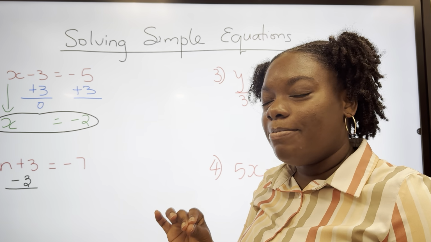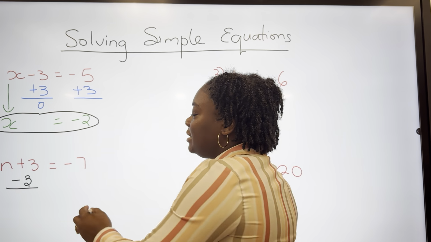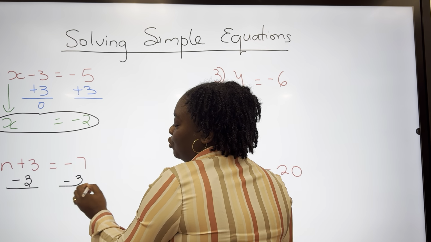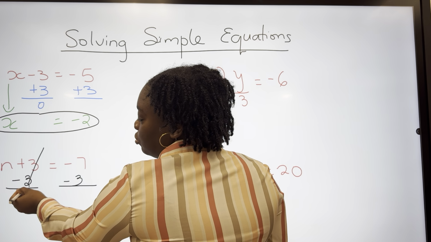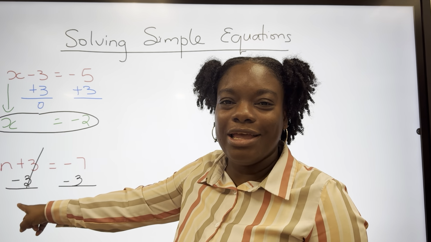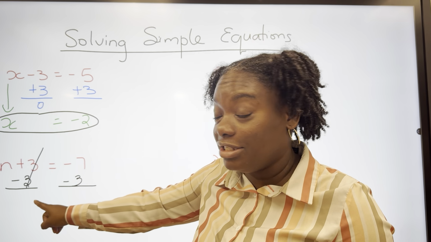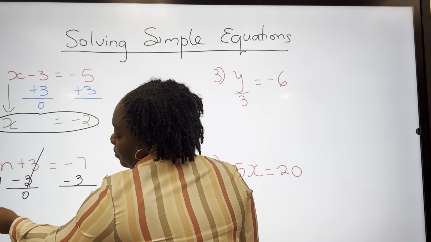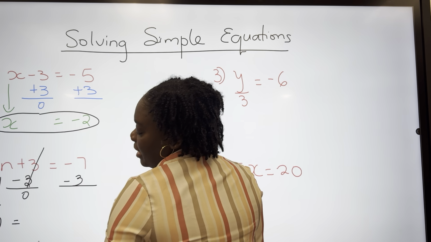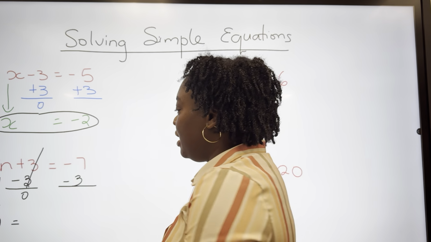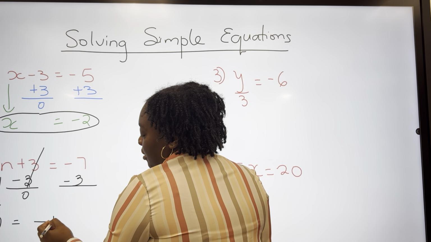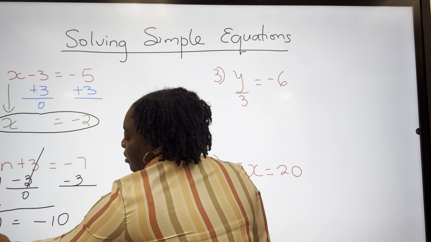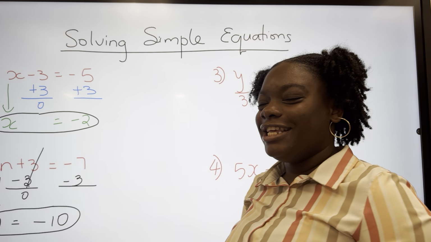And remember our balancing method, anything you do on one side, you do to the next. Why do we subtract 3? Because our aim is to eliminate that to get it to be 0. So 3 minus 3 gives me 0. I'm left with n on that side, and on this side I have negative 10.